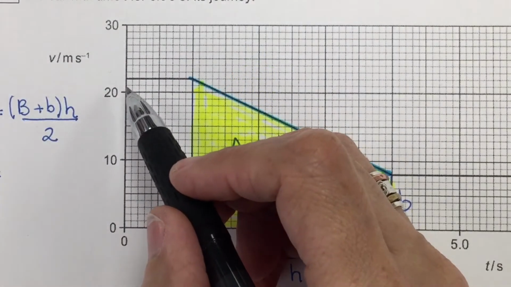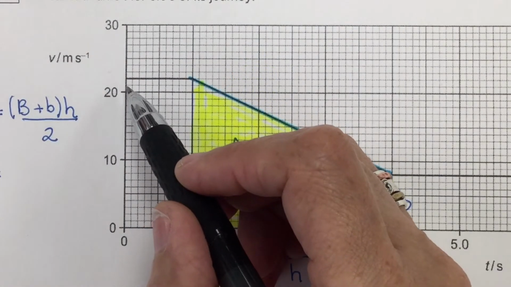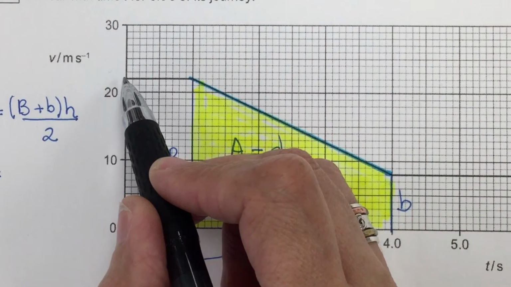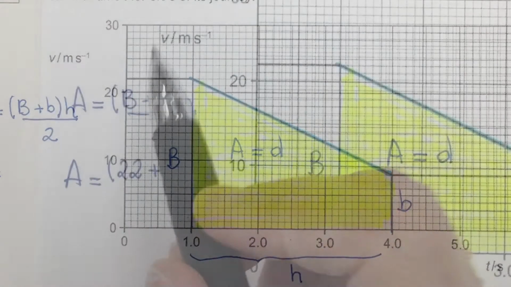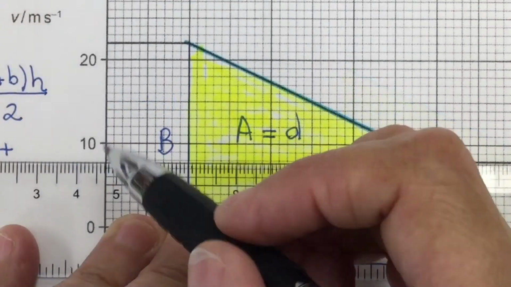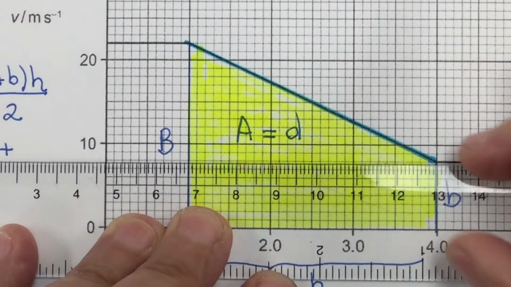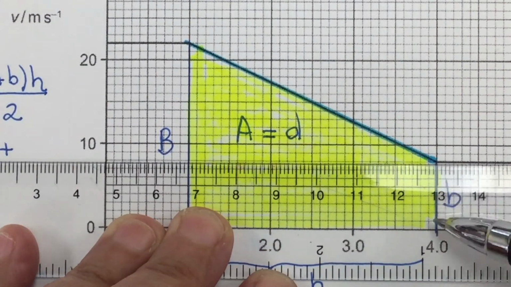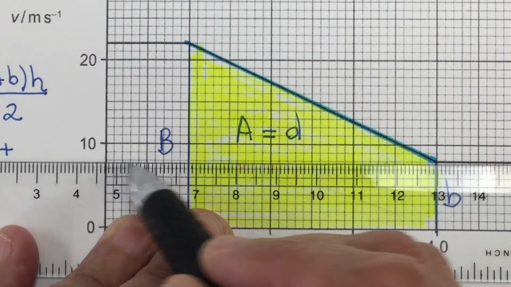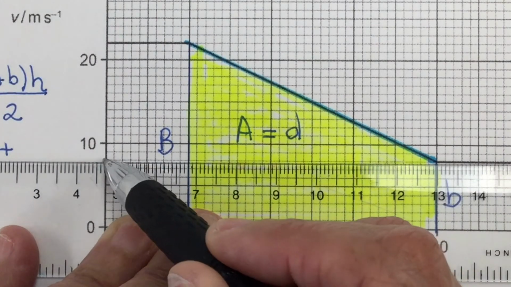Each box corresponds to 1 meter per second. So here we have 22 meters per second. So big base is 22. The size of the smallest base here is up to 8, 9, 10.